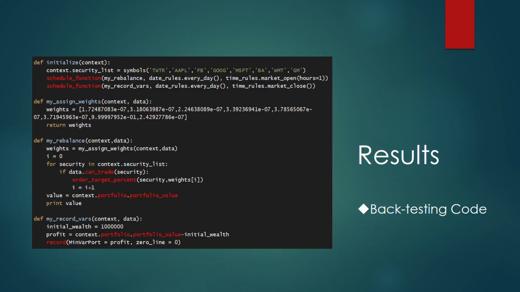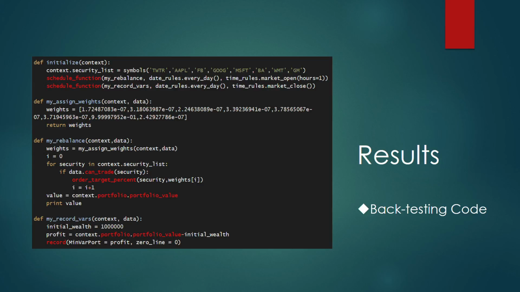The next part is backtesting. After we calculate the weights of the A stocks in the portfolio, we use the following code to run the backtesting on Quantopian.